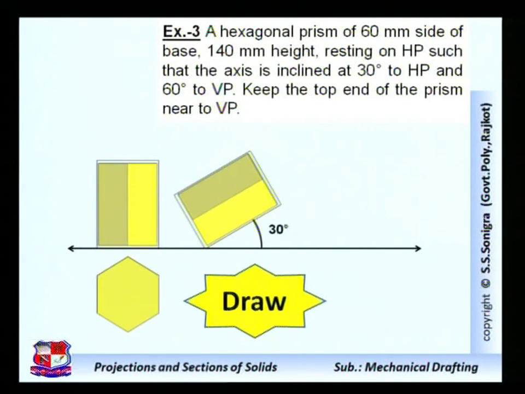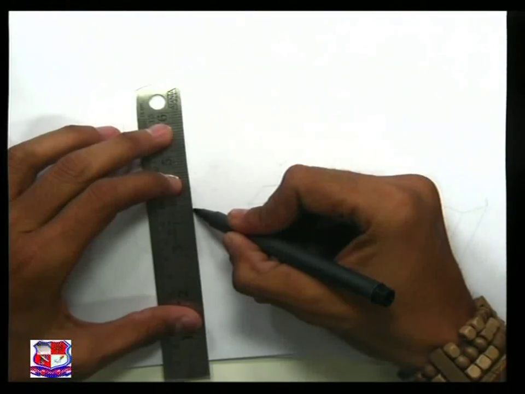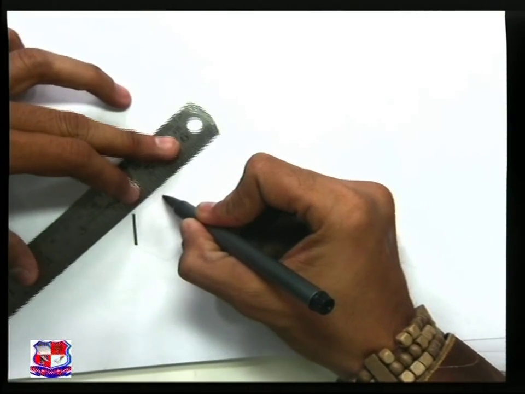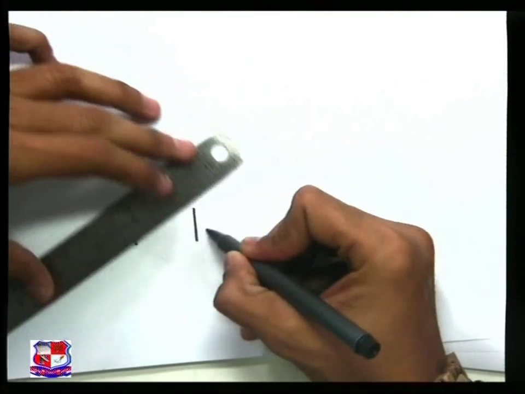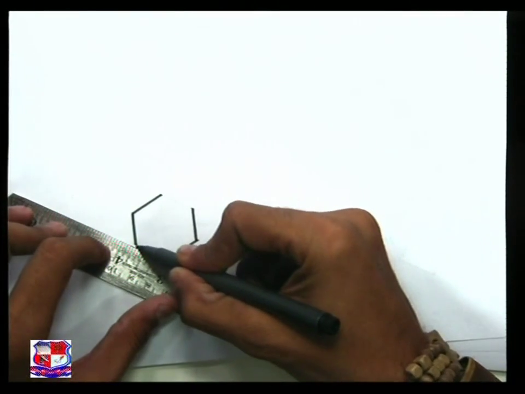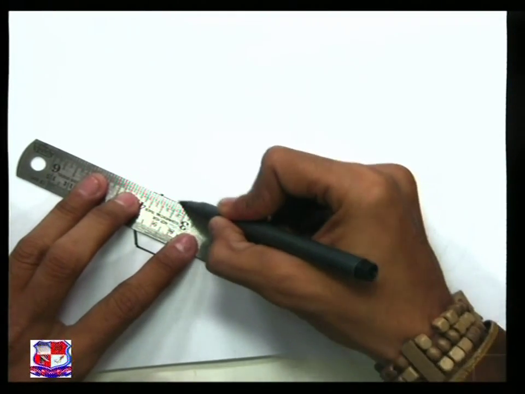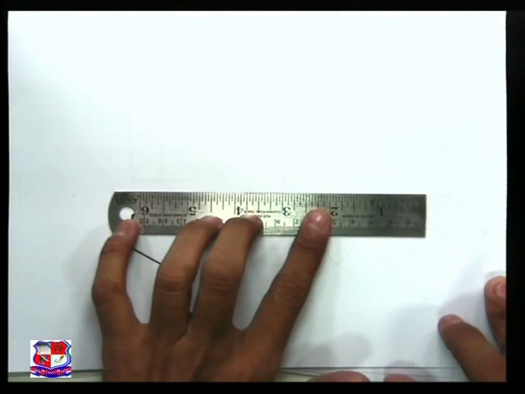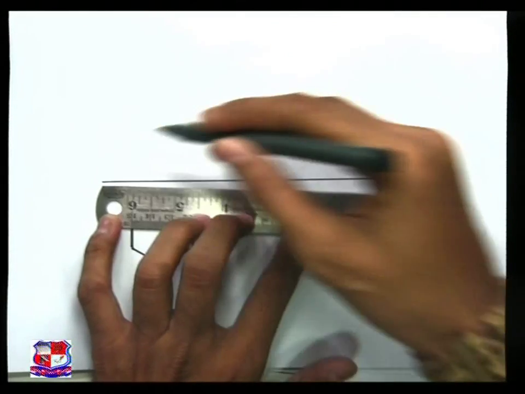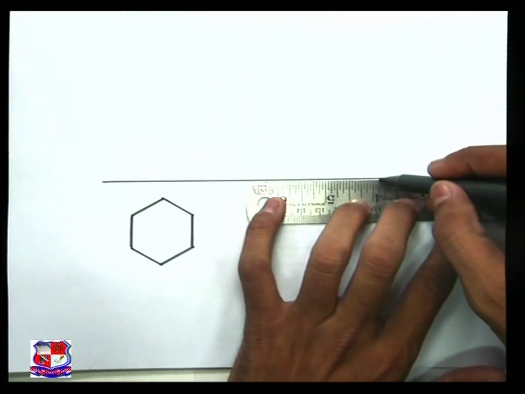So let me draw this problem over here. First we have to draw a hexagon below the XY line of given side length by any method such that two sides are perpendicular to the XY line and parallel to each other.